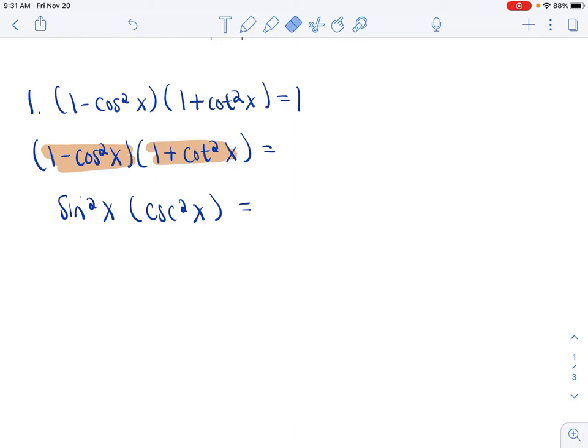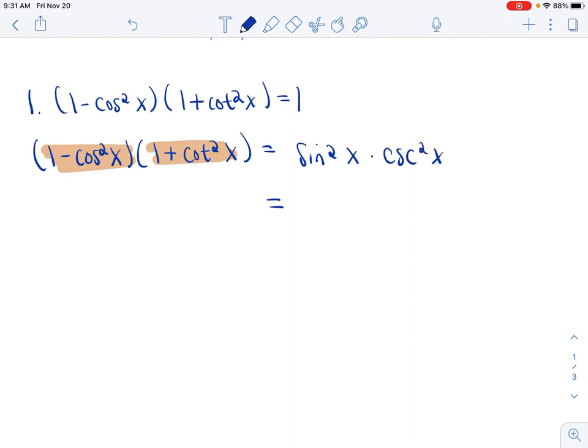And let me make this look a little bit better. I'm going to put it over here just to get you into good habits. Then cosecant squared is equivalent to 1 over sine squared. And then this is over 1, so these reduce out, and what do you know? We get 1. And again, it's good habit to rewrite what you started with.